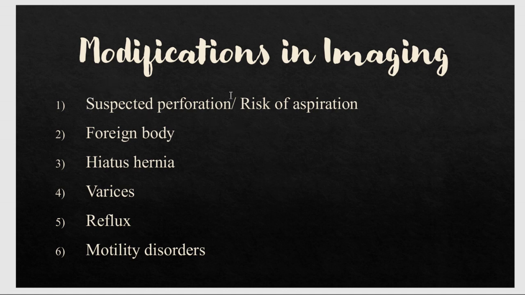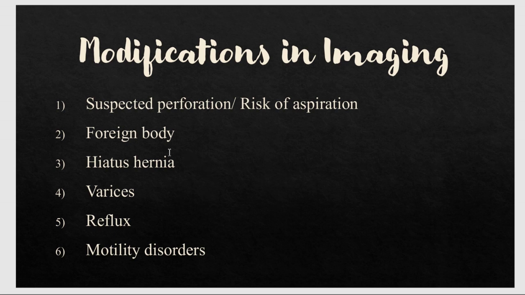If we are suspecting some perforation beforehand, or if the patient is in such a condition that there is risk of aspiration, then what to do? We'll have to modify something. So the first condition is suspected perforation or risk of aspiration. If there is a foreign body, the second condition.